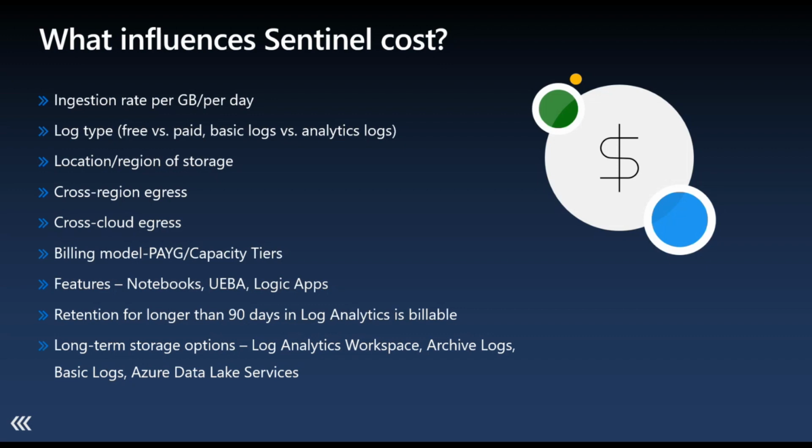If it's a very good source of identifying threats, then probably it's going to be in the analytics logs. Basic logs store a smaller amount of data in terms of each log, but these tend to be very voluminous in quantity. There's a lot of these logs, but each log individually has only a little bit of information that has real value.